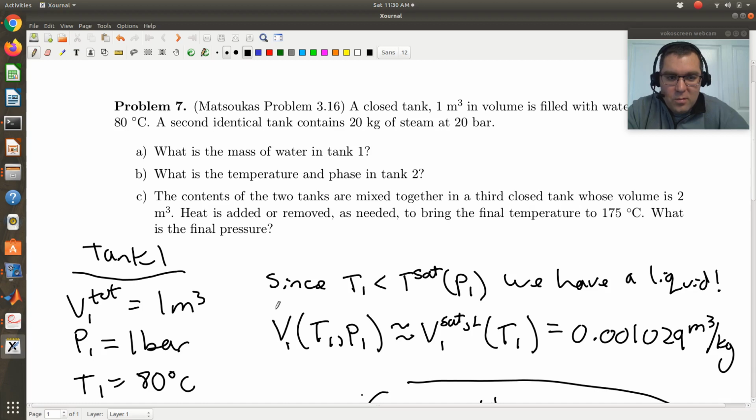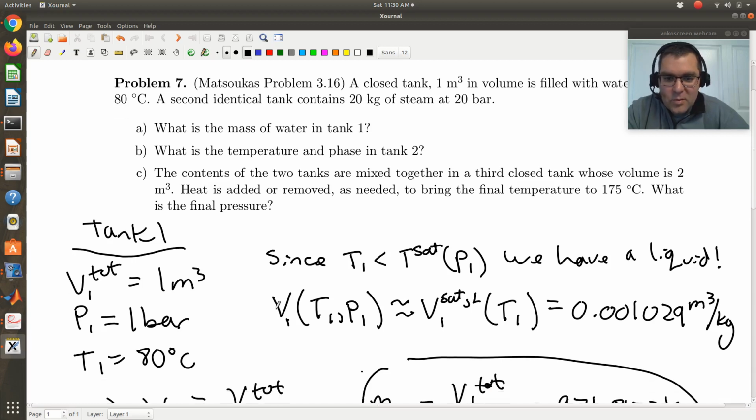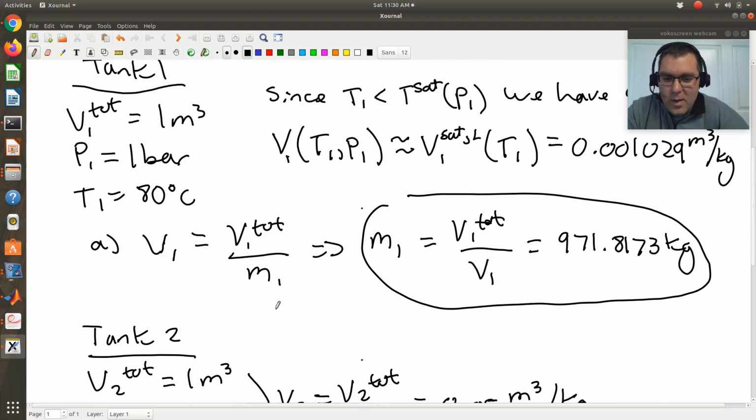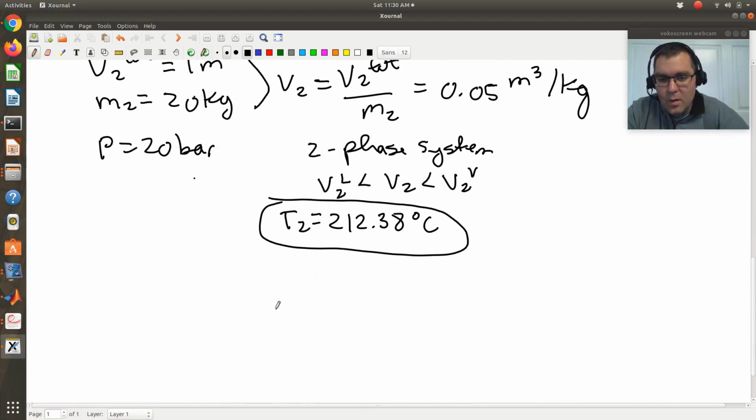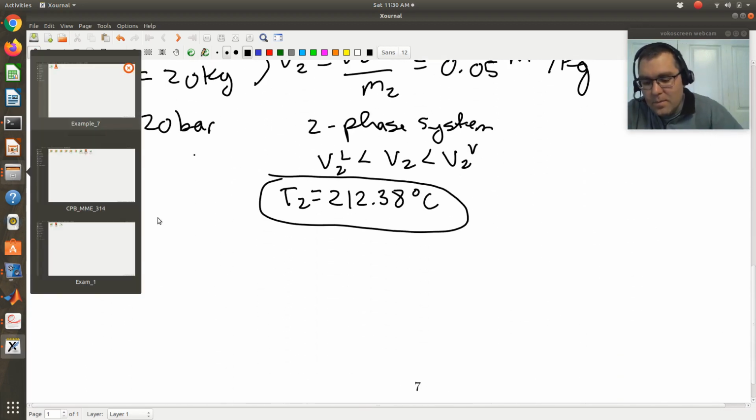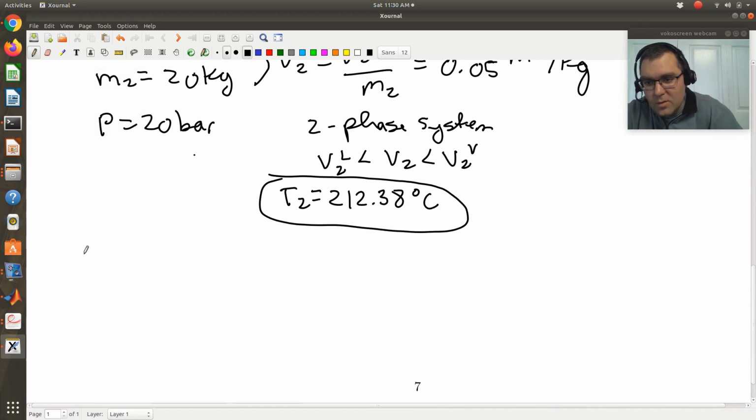There shouldn't be a need for any energy balances, because we're not asked for the amount of heat. So let's see what we have. If I look at tank 3, let me just call this tank 3.